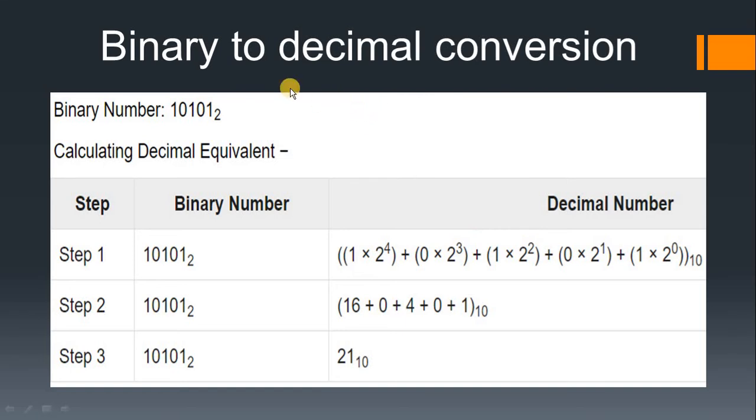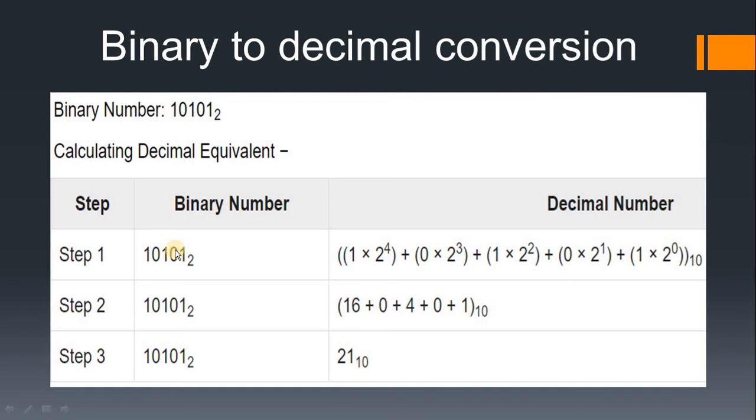Next one is binary to decimal conversion. Now we will do it in the opposite order. So this is the binary number, and you write it as it is. Here the important thing is that you have to do multiplication, 1 into 2 raised to 4. Why have we written 2 raised to 4? The first digit from the right-hand side is 2 to the power of 0.